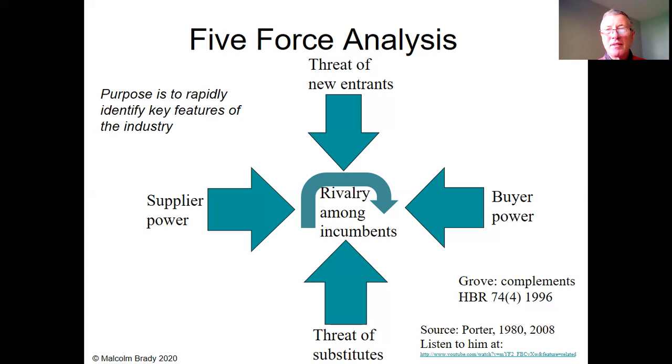The final force is the rivalry among the incumbents. And Porter here said, and this is often the largest force, if incumbents are quite competitive within the industry, and this tends to be the case if there's a relatively, not so much a large number of incumbents, but a large-ish number of equally sized incumbents, that tends to make the industry quite competitive.